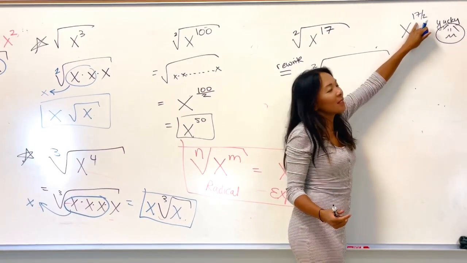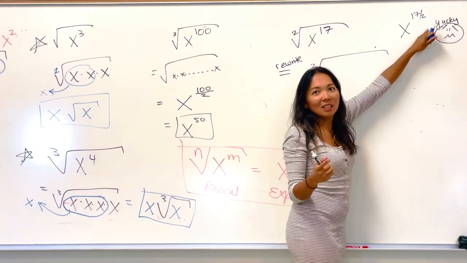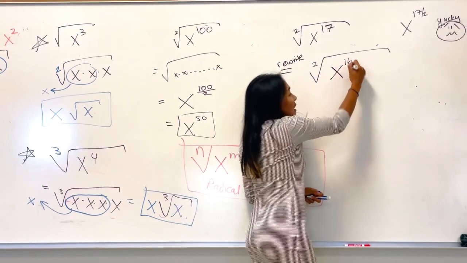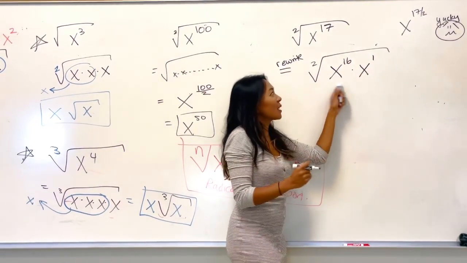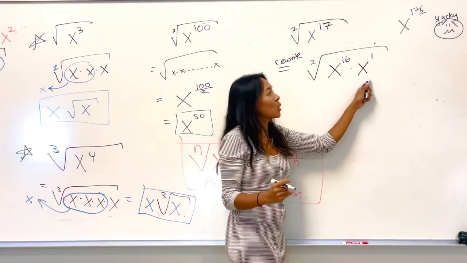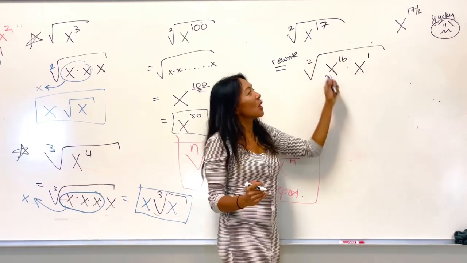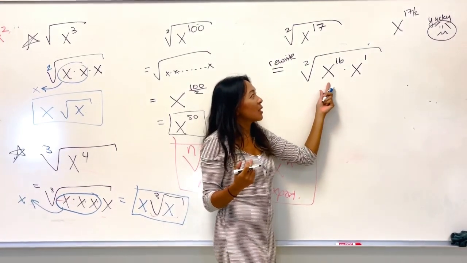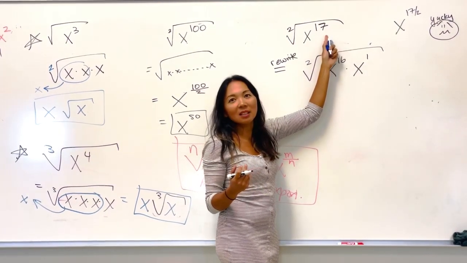What's a number less than 17 that's divisible by 2? 16, right? So I could rewrite this as x to the 16 times x to the first power. But there's 16 of them, and then there's one left over, to make 17. So I could rewrite it in the form that you want it to be. There's 16 x's and then one extra x, which will give you 17 x's.